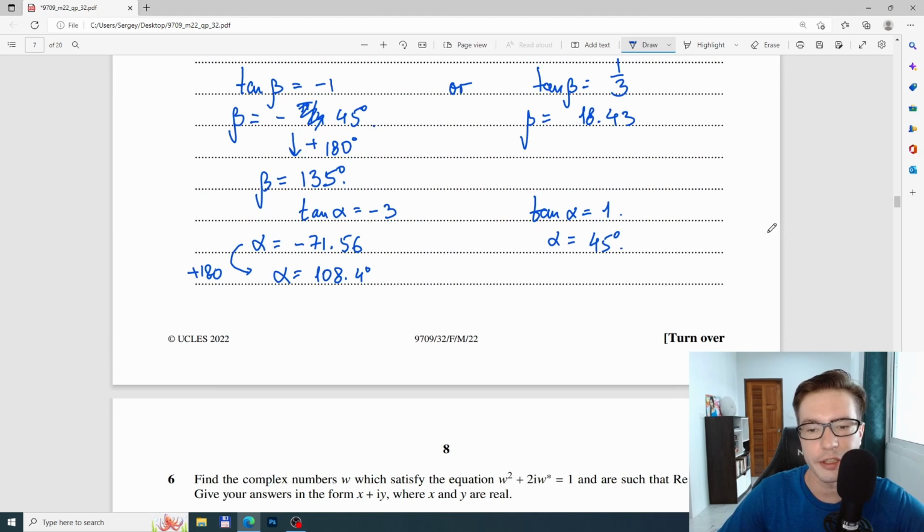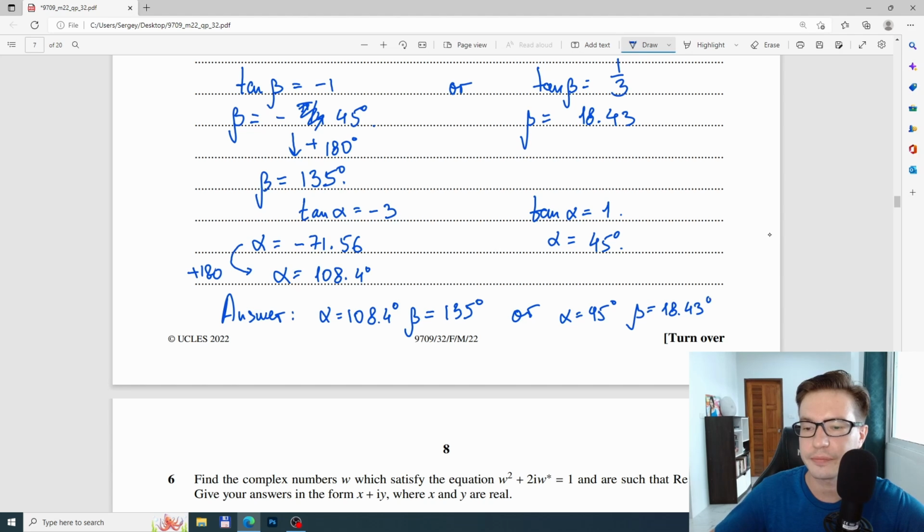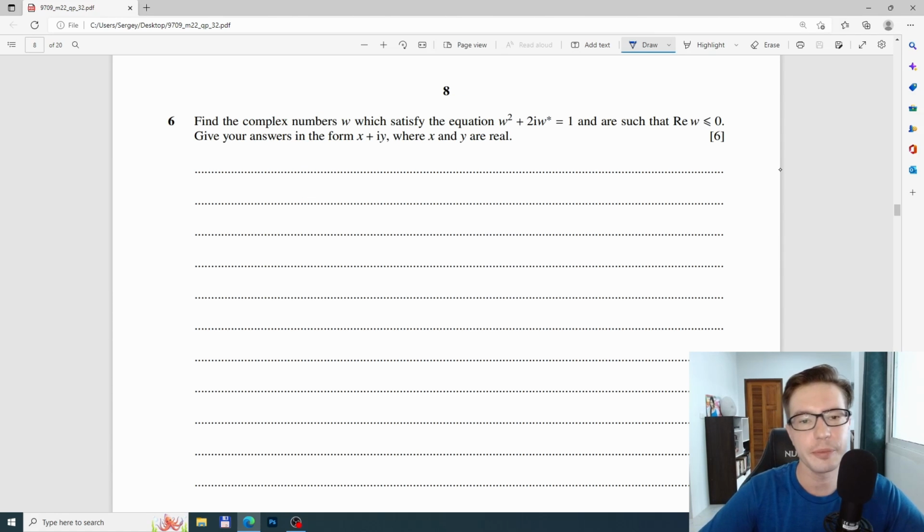That's going to be the final answer, so let's state it here. Alpha equals to 108.4, beta equals to 135. So this is one pair. And the second pair is where alpha equals to 45 and beta equals to 18.43 degrees.